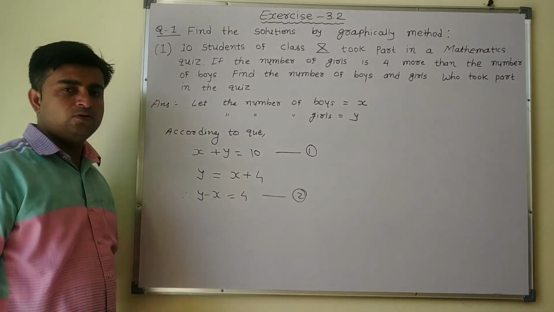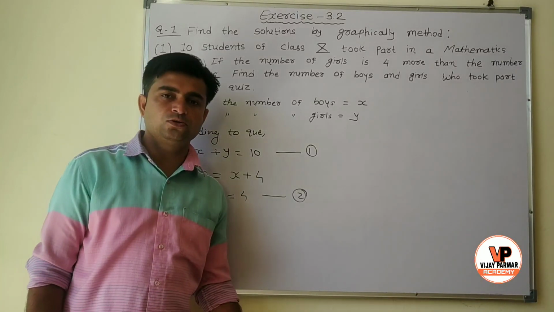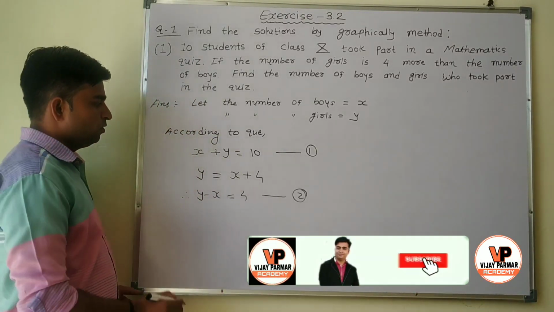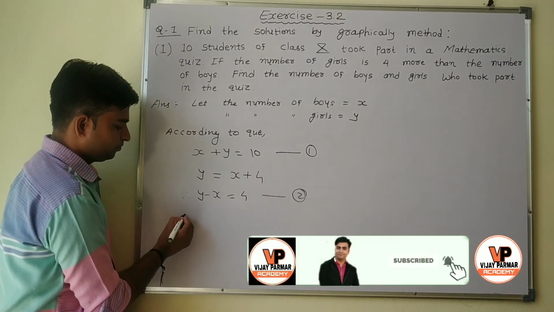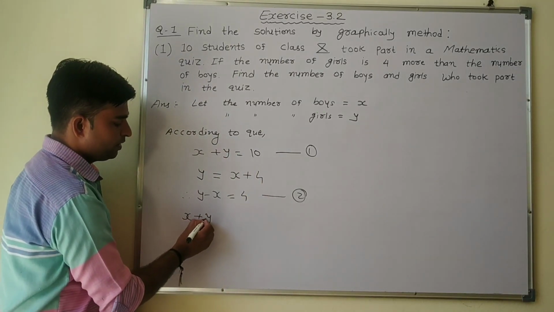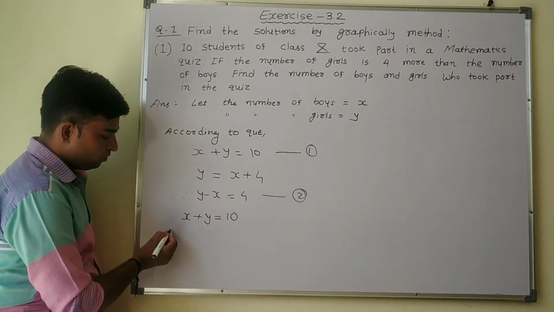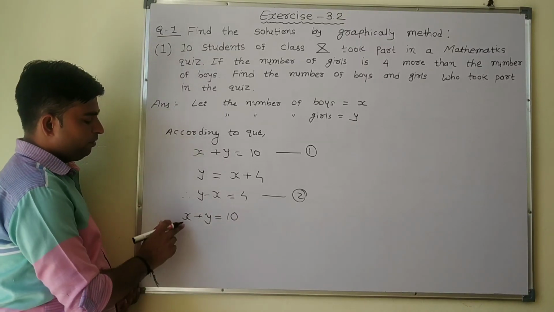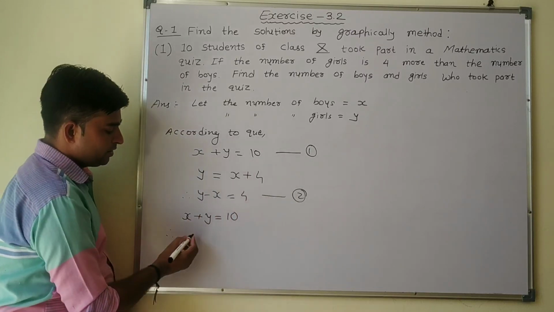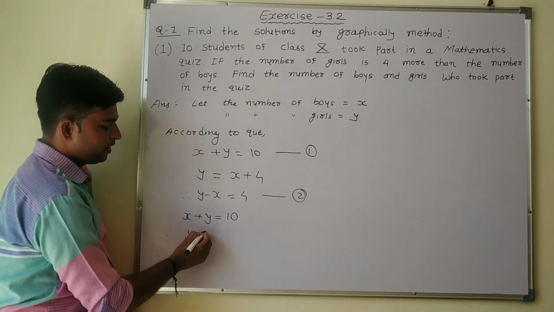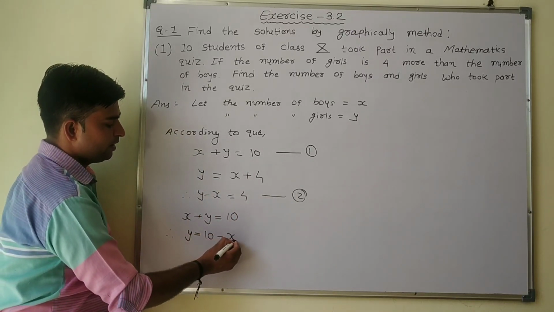So now we find the solution in the graphical form. We take the first equation, x plus y is equal to 10. Now convert into y form. So we move x to the right hand side, so it becomes negative. So y is equal to 10 minus x.